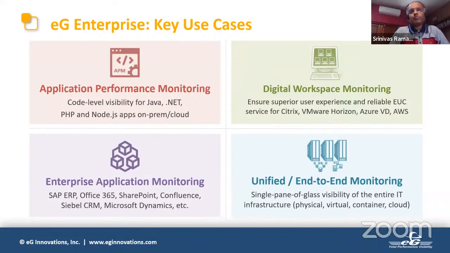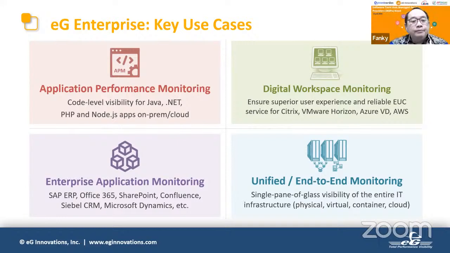If you look in the application performance monitoring space, there are tools like Dynatrace, AppDynamics, and so on that can do application performance very well. The challenge with those tools is that they are extremely expensive. They license based on CPU cores. They license based on number of Java instances. So the bigger the server, the more the cost.